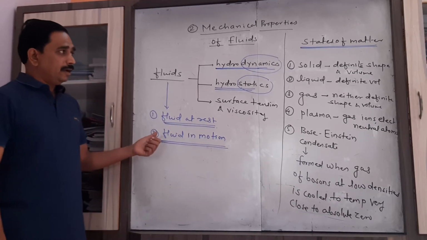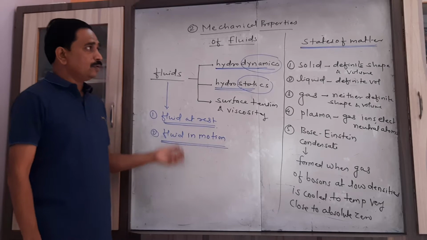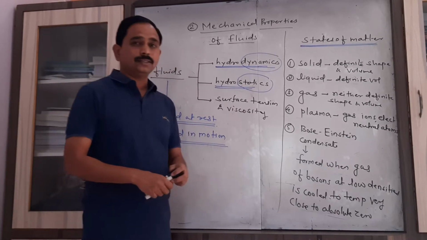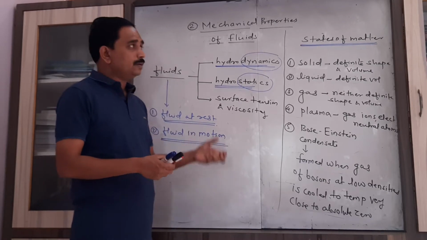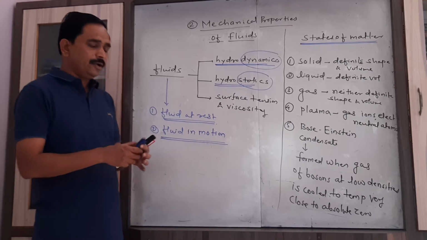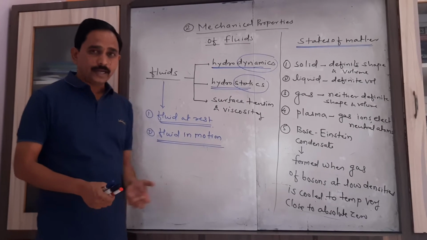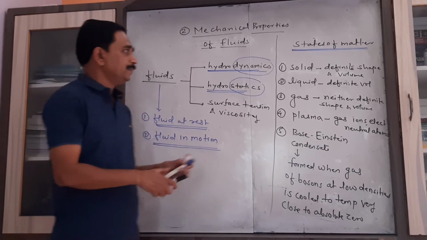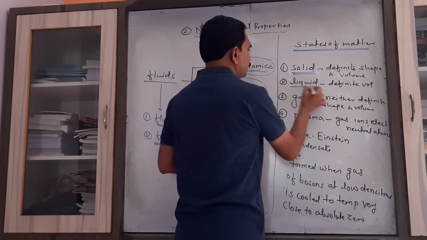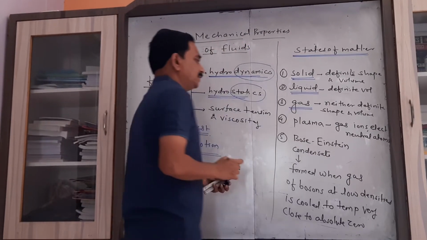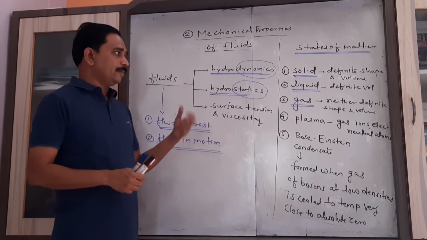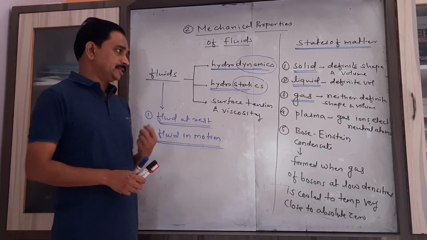Now here generally we know the three states of matter. In the previous class we studied about the states of matter, that are the three states of matter which exist at ordinary temperature, at room temperature, that is solid state, liquid state, and gaseous state. So here all of you know about solid, liquid, and the gaseous state.